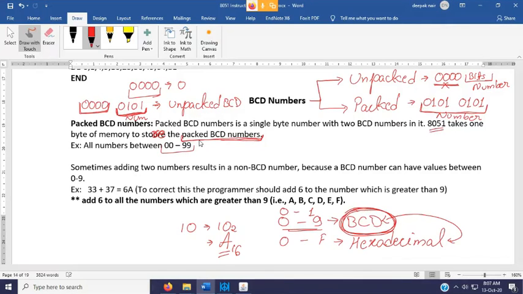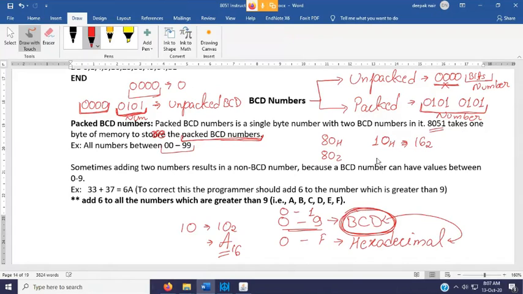Now the question is how the microprocessor or the microcontroller can convert a number from one value to another value. If I say 80H, this is a hexadecimal value. At the same time, I can say 80 decimal number. Simple example: if I say 10 in hexadecimal, then this number is representing 16 in decimal.